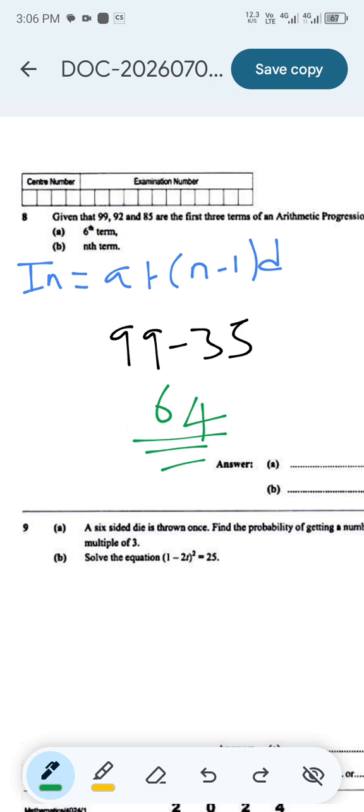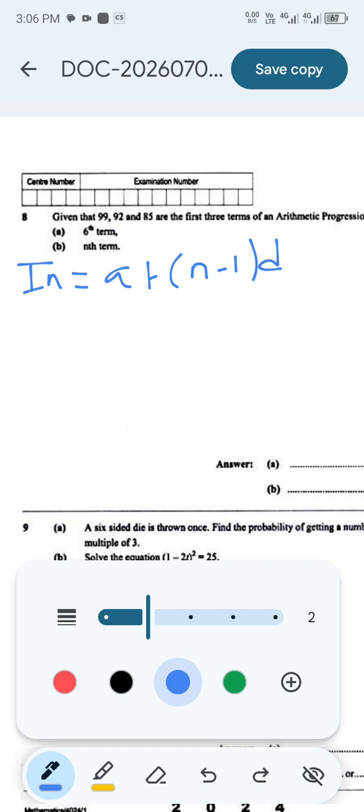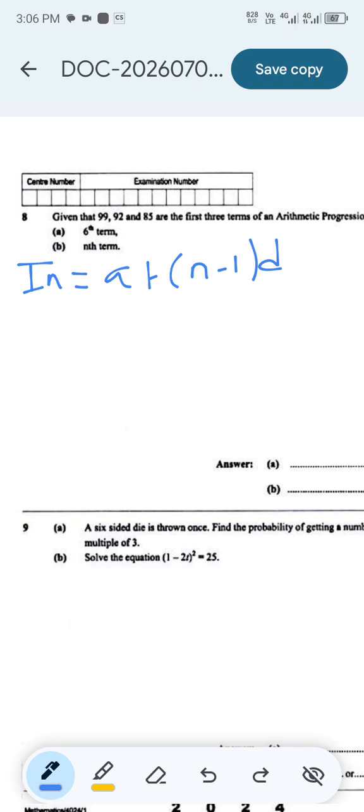And then the question is also requiring us to find the nth term. The nth term is simple. We are just going to substitute into the formula for the nth term: nth term is equal to first term plus open bracket n minus 1 times common difference.